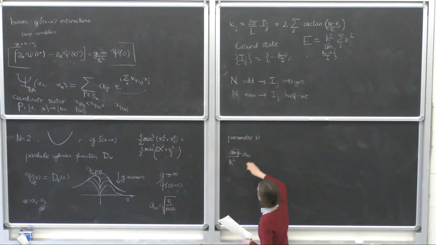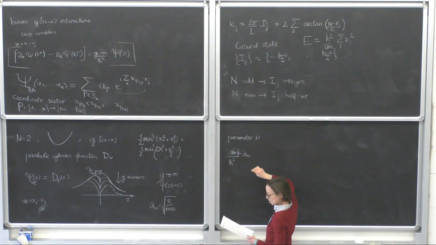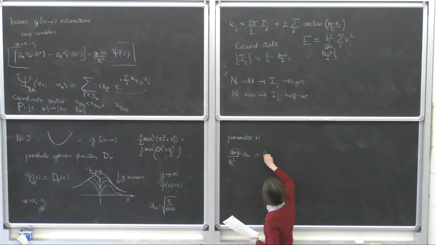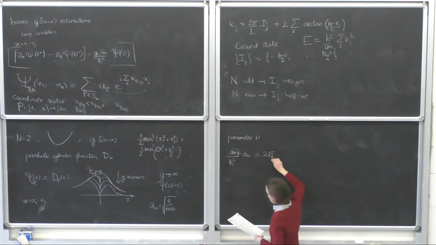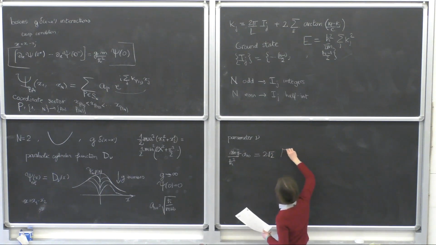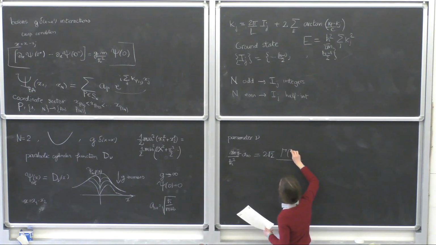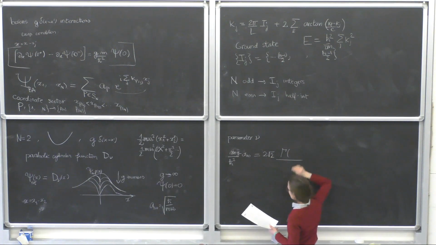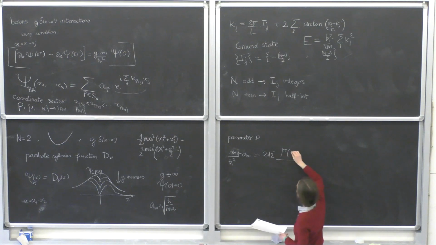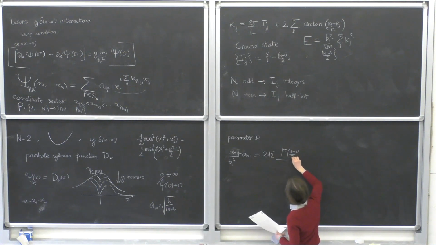So this interaction parameter, for the trapped case, is related to some transcendental equation for the parameter nu. That is the following. This gamma is the Euler gamma function.